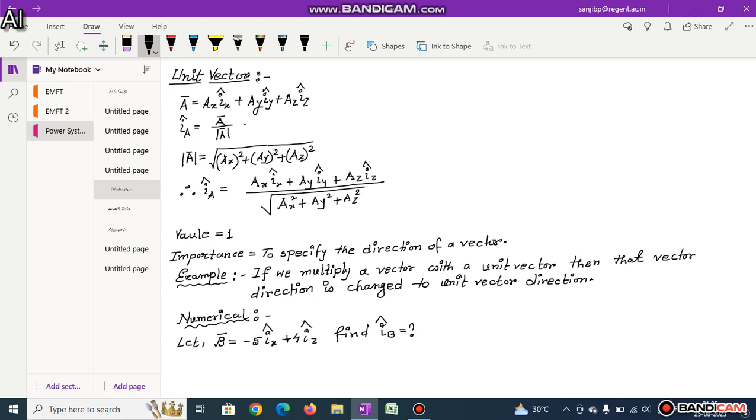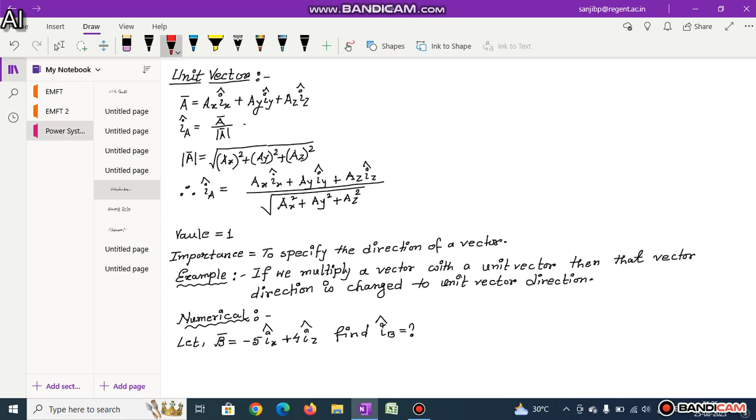In this first line, I have mentioned the expressions for the rectangular coordinate system. Suppose it is a vector A, and this is its representation. Here ax, ay, az are the coefficients, and ix, iy, iz are the unit vectors, the representation of a unit vector for a particular direction. In other books it may be u or small a, whatever it may be; all are defined as unit vectors.